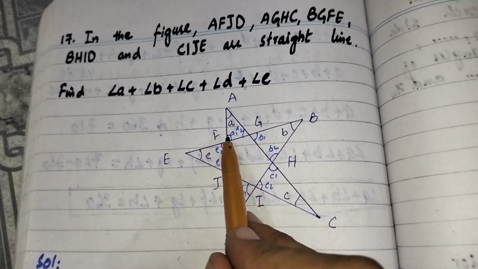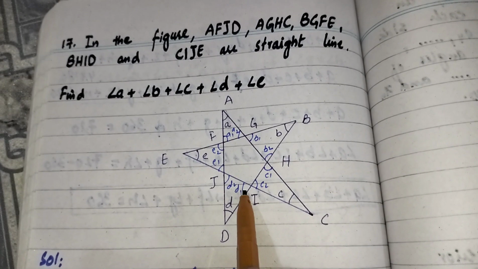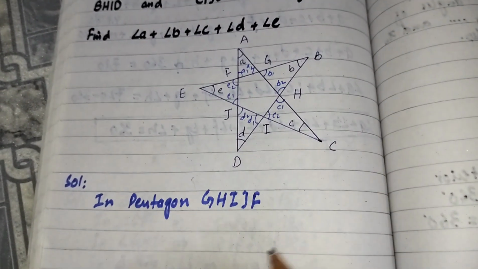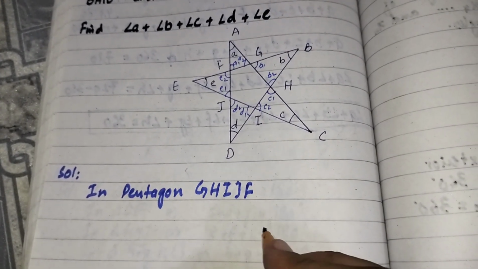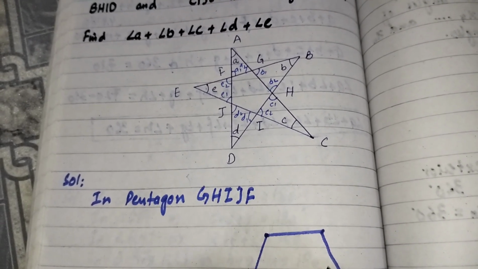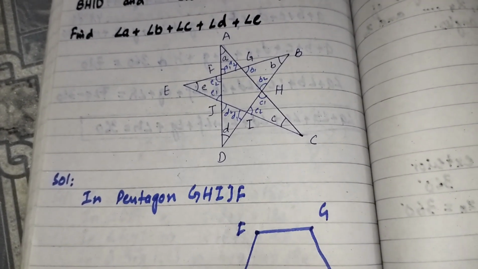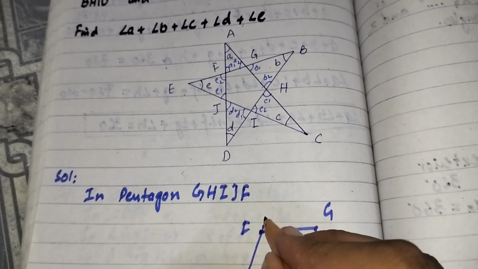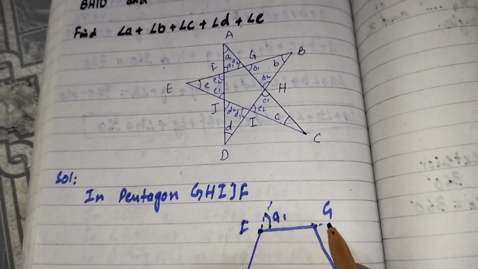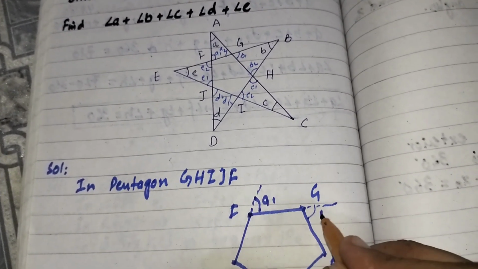But if I consider A1 as an exterior angle, then I have to consider B1, then C1, then D1 and then E1. This is a pentagon F, G, H, I and J. If I extend this line, this is the exterior angle A1. If I consider this A1, then I cannot take the exterior angle here, I have to take the exterior angle here, which is B1.